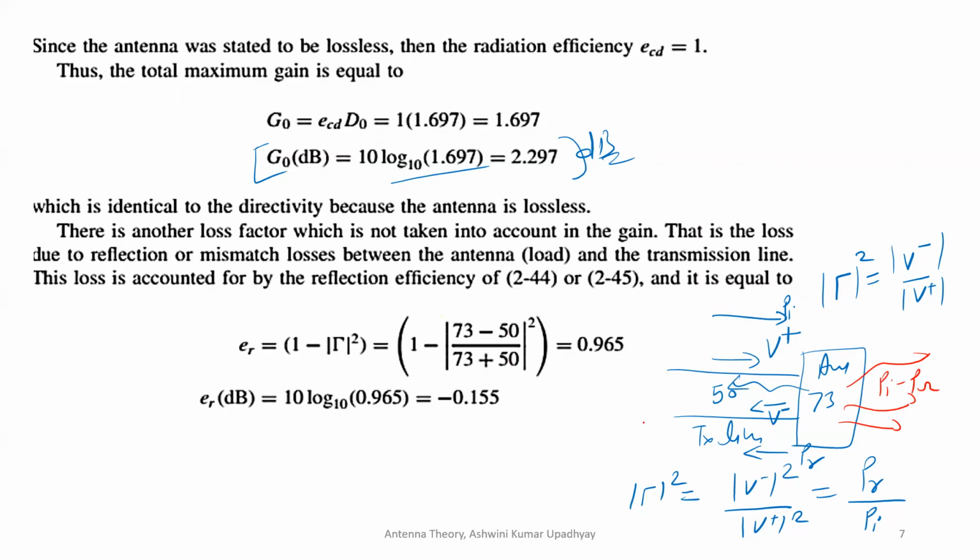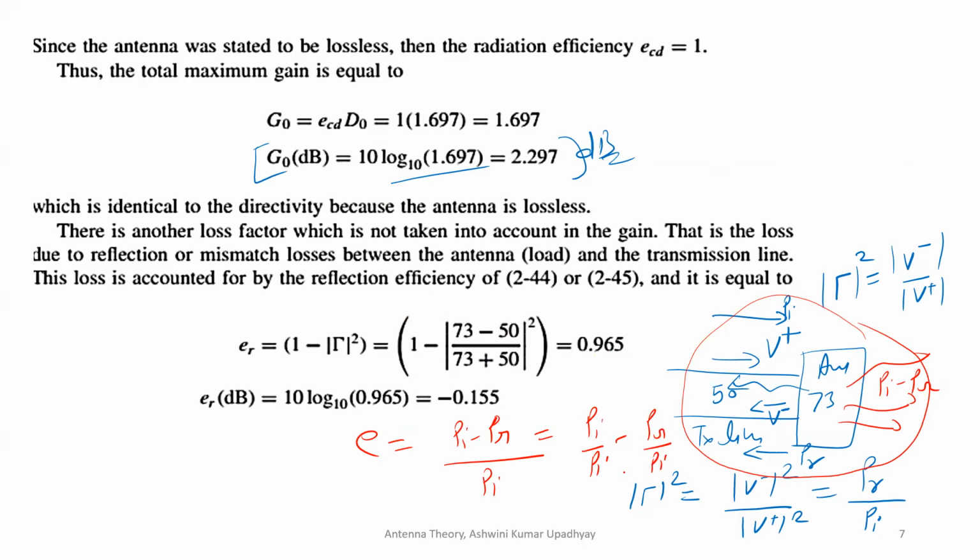So if you want to calculate the efficiency of this combination of transmission line and antenna, the efficiency is going to be the total used power, which is Pi minus PR, divided by total incident power, right? So you can also write it as Pi upon Pi minus PR upon Pi.